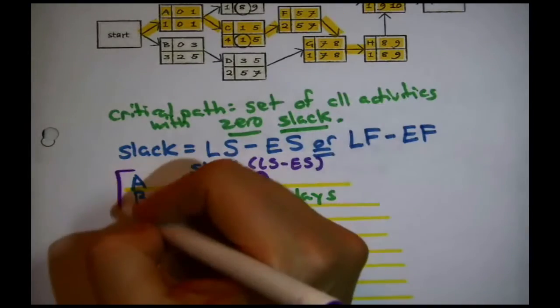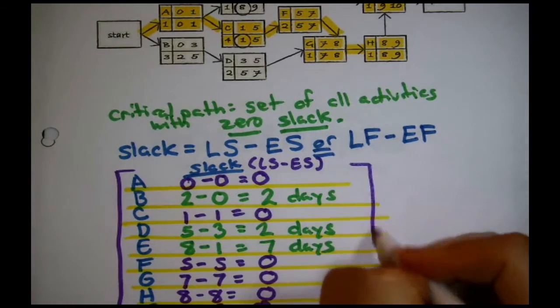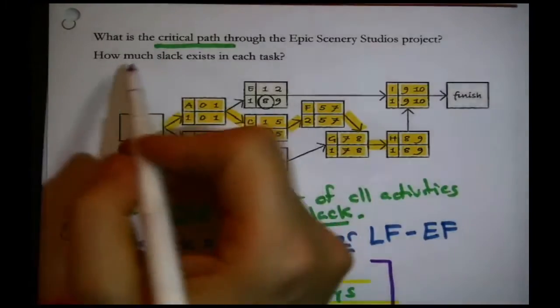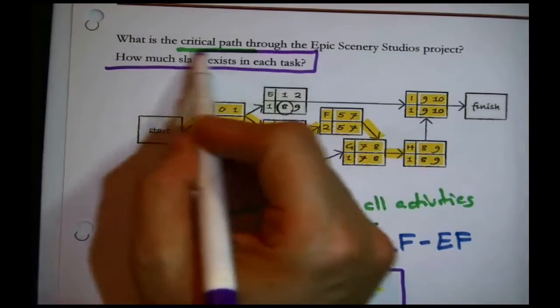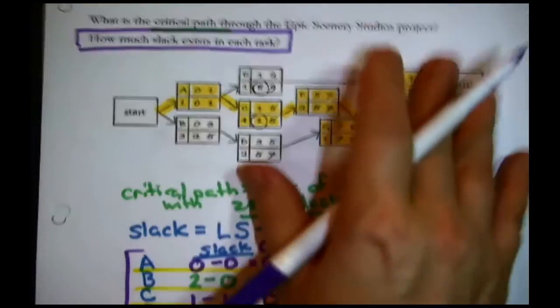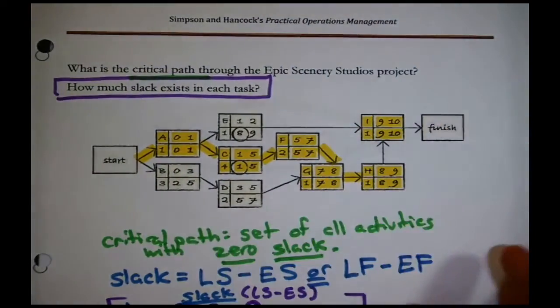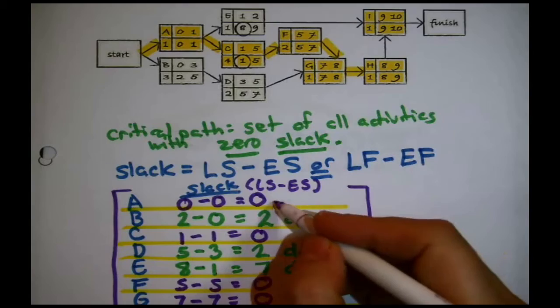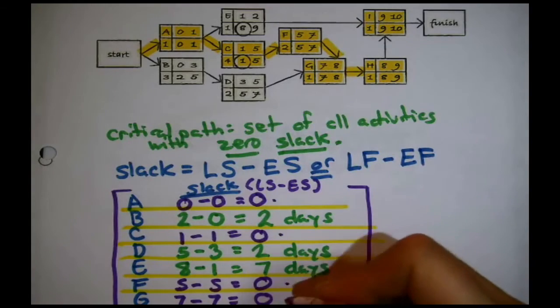Okay, here is the table in which we have addressed this question right here. We found the slack in each one of the activities. It did ask what's the critical path. We would review our work for, let's see, who doesn't have any slack?